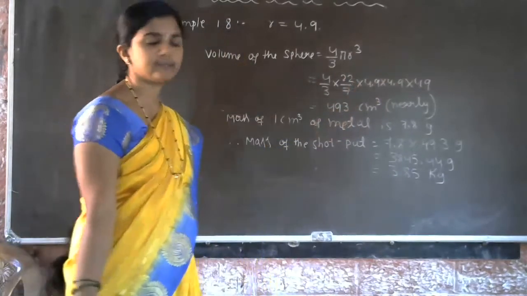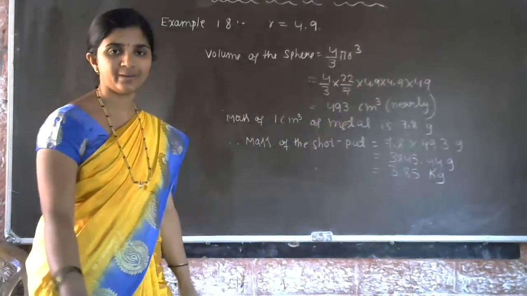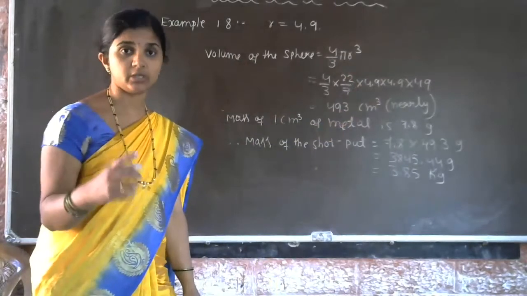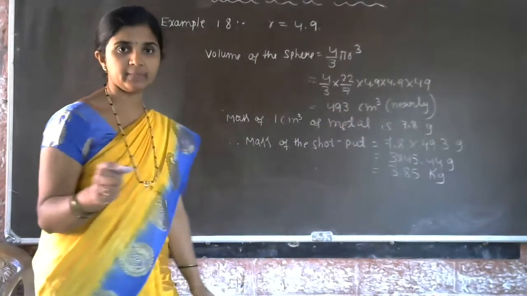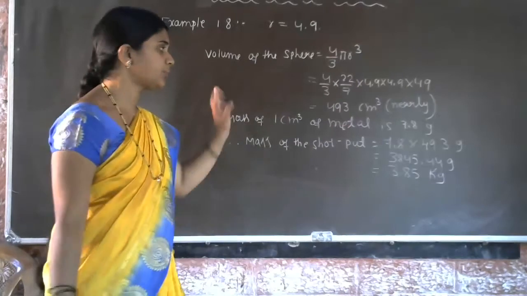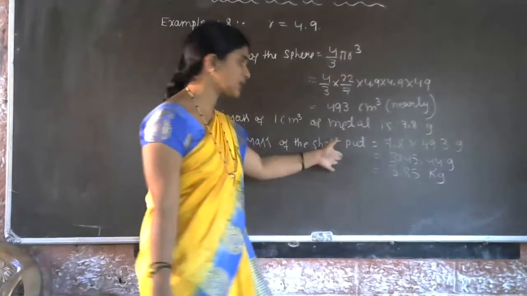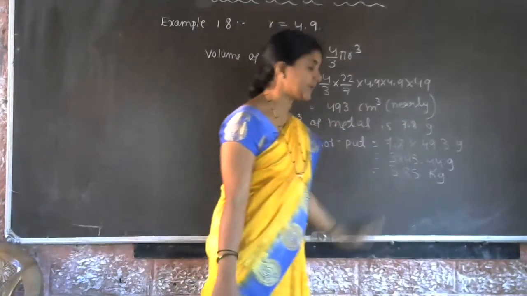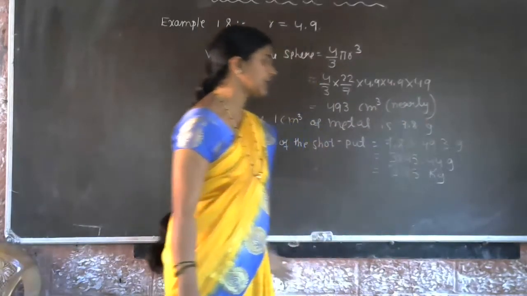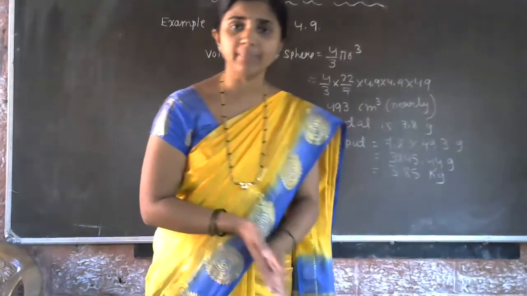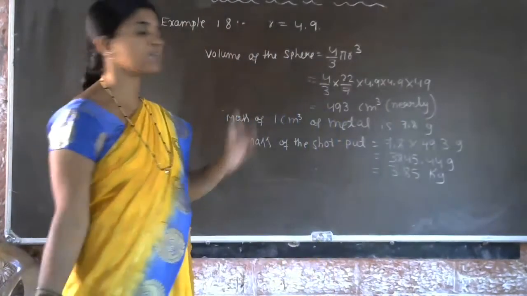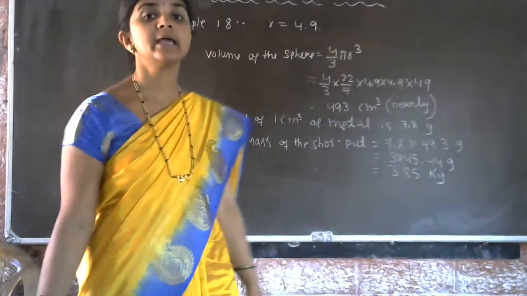After the calculation the volume of the shot put is 493 centimeter cube. For 1 centimeter cube the mass is 7.8 gram, so the mass of the shot put is 7.8 into 493, that is 3845.44 gram. Keep the answer in kg, that is 3.85 kg.